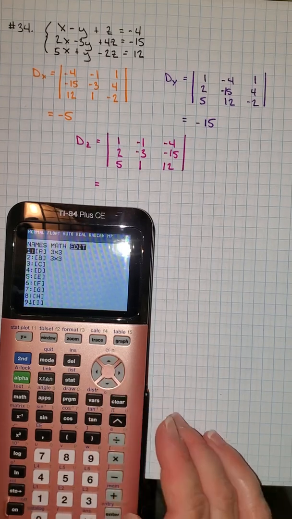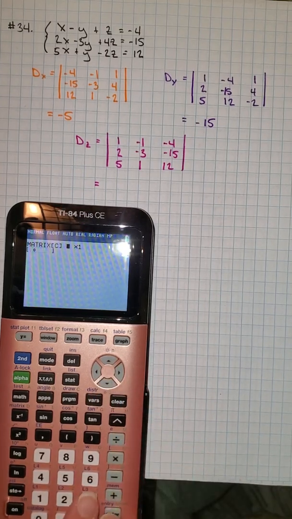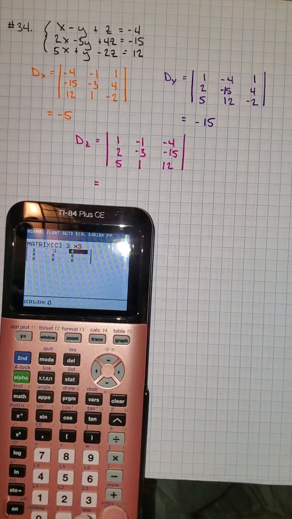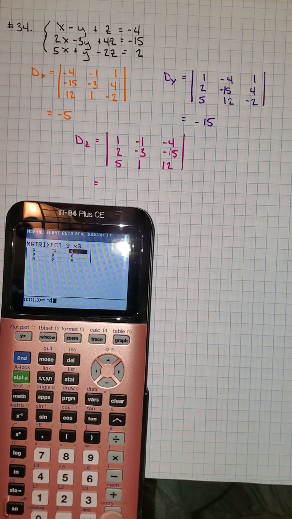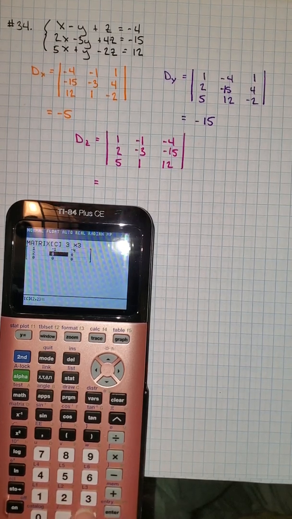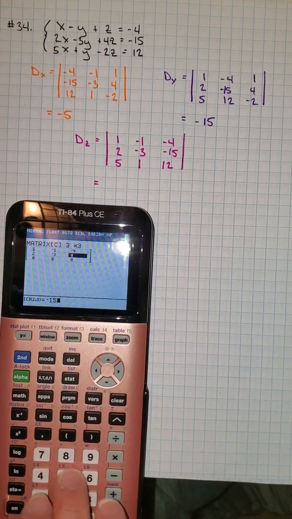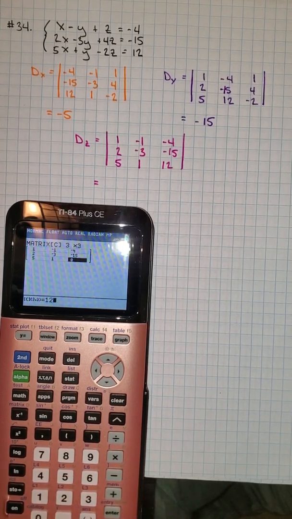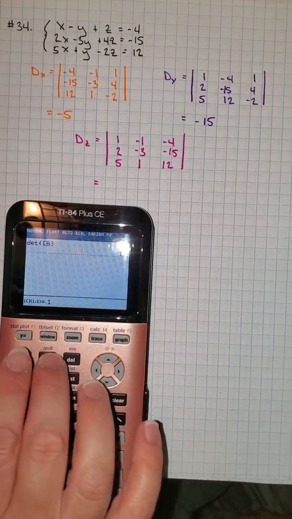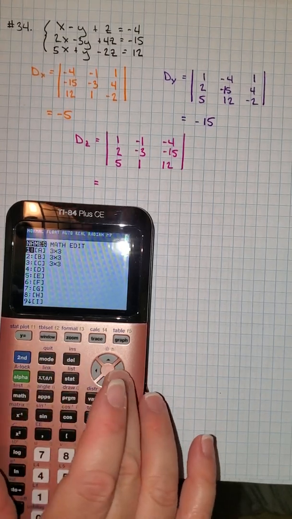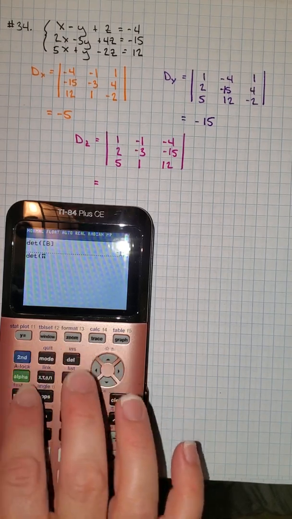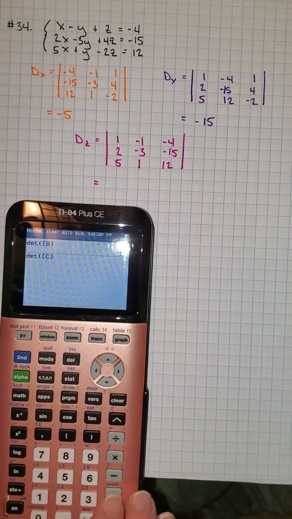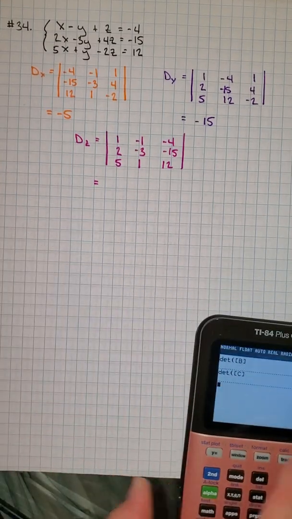I'm going to edit, make this one C, put in my numbers. Go back home, put the determinant in. This time it's C, so I get 10.